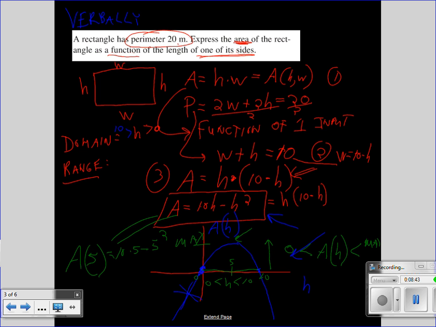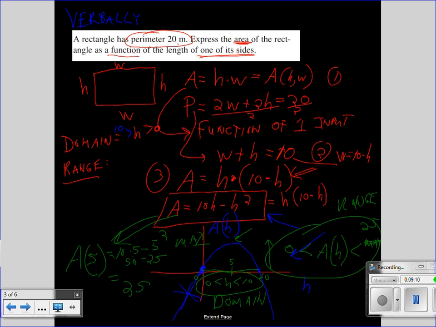I'm just plugging it into there, and I'm going to get 50 minus 25 equal to 25. So it looks to me like the range is right here. Here's my range of my function. Here is my domain. My function is a quadratic opening down.